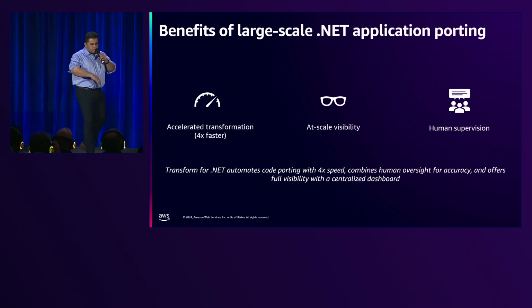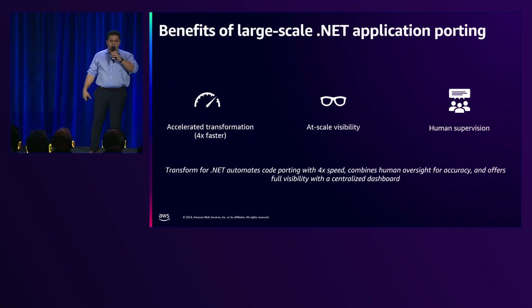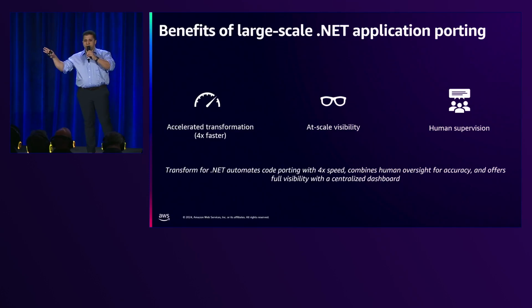And you can massively parallelize the porting process with hundreds of applications porting together. You receive at-scale visibility. The human supervision is an important aspect. And after the porting process is complete, remember the licensing cost-saving benefits that we talked about earlier. The 40% licensing cost benefits once you move to Linux-ready applications.